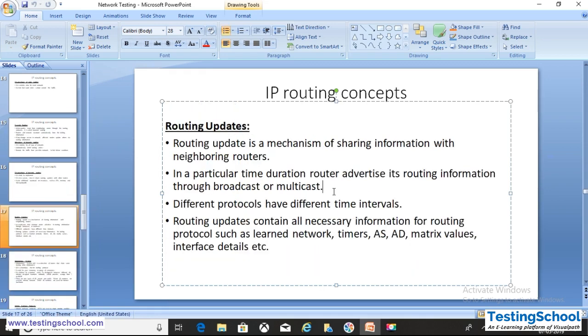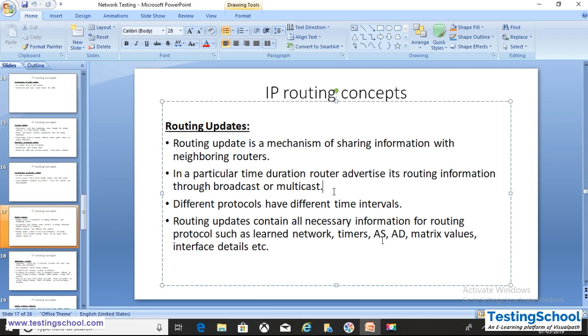Routing updates contain all necessary information for the routing protocol, such as learned network, timers, autonomous system, administrative distance, metric values, interface details, etc. So these things we are going to see anyway. In one simple way we can say that a routing update contains all the necessary information which is needed to build a routing table in the router.